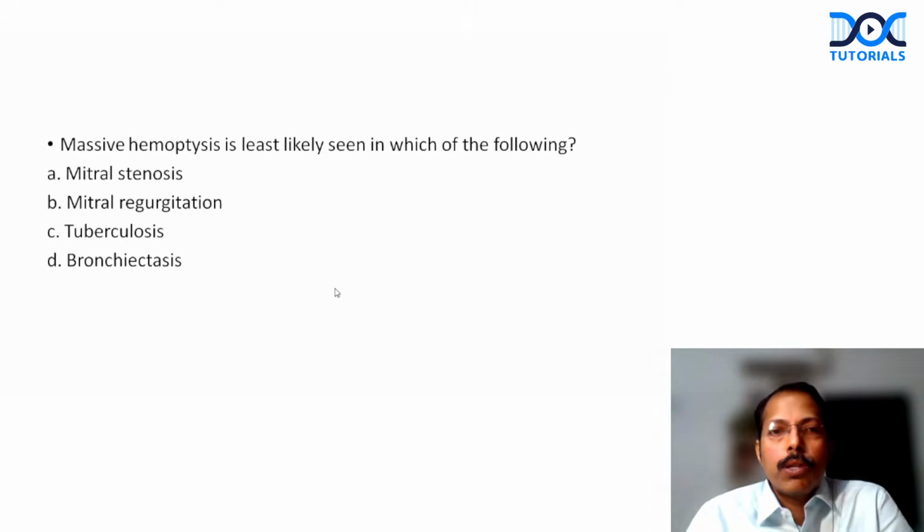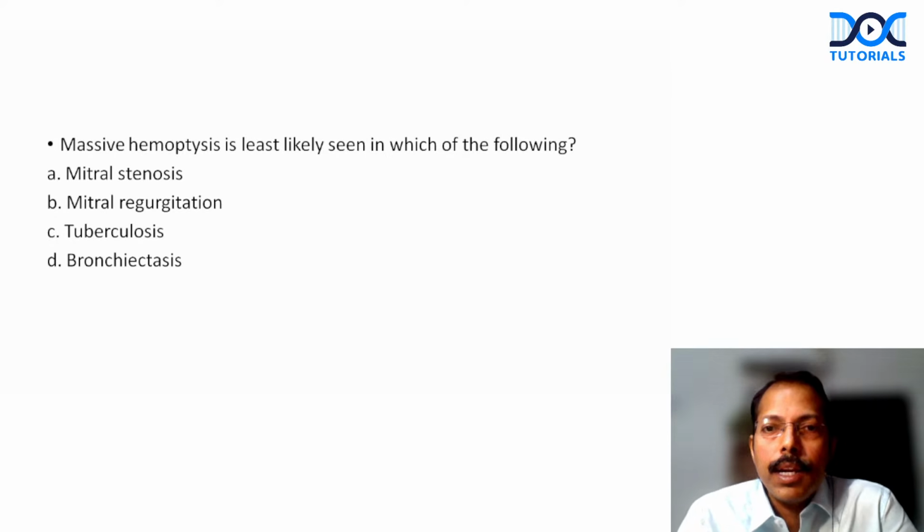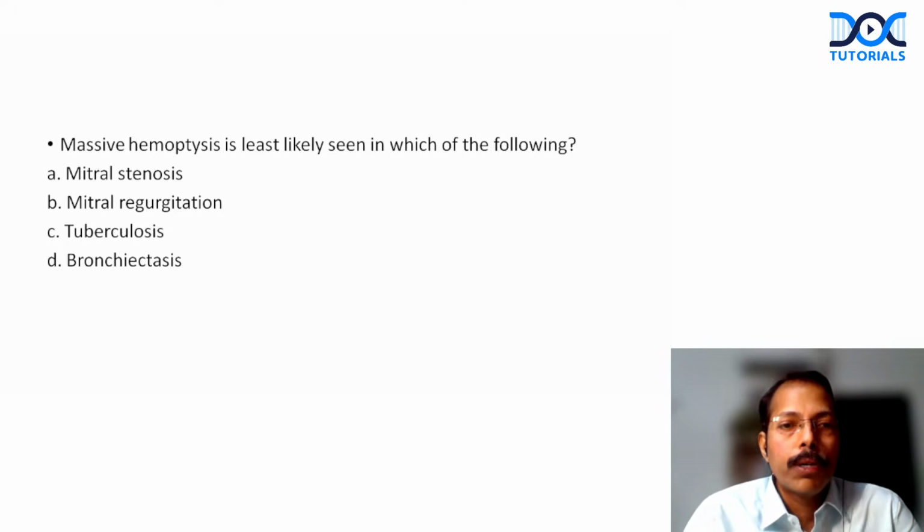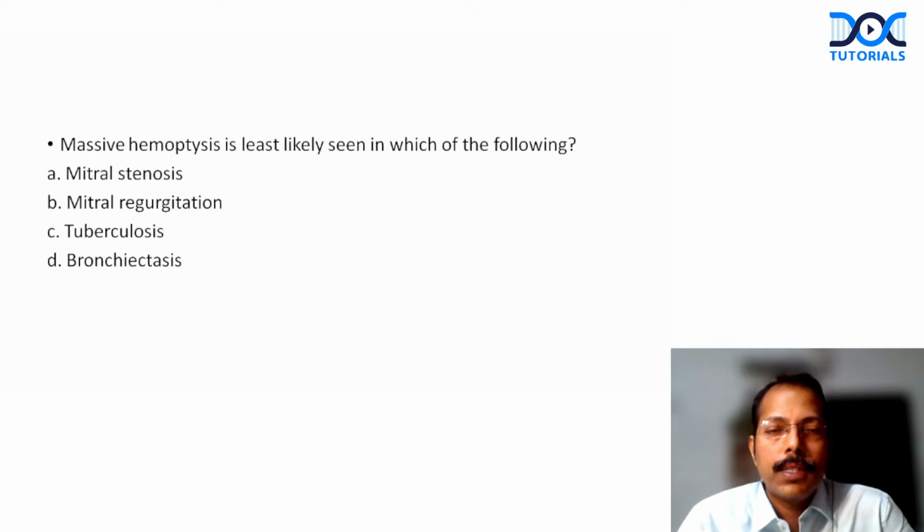So next we can move on to: massive hemoptysis is least likely seen in which of the following? The options given were mitral stenosis, mitral regurgitation, tuberculosis, and bronchiectasis. Coming to massive hemoptysis, you all know it may be due to a tuberculosis cavity or aneurysmal rupture into the cavity, most probably due to Rasmussen's aneurysm following TB infection.